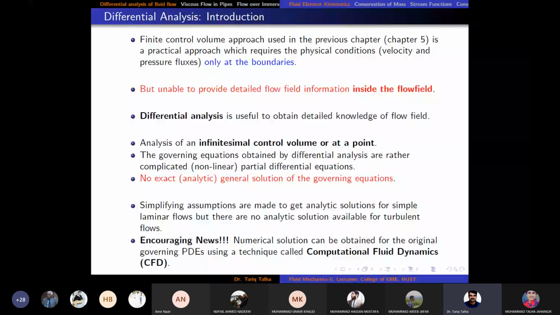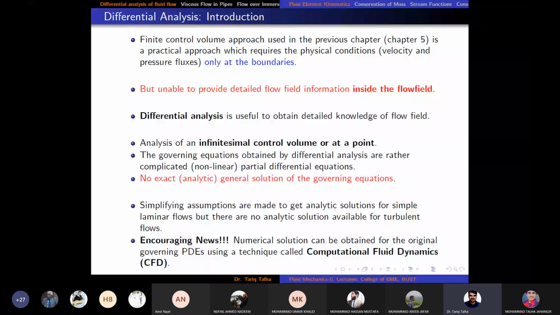But for the general solution, we need to do computational fluid dynamics, which is CFD. If you are interested in that, it can be offered during your final year. Nevertheless, you would be doing one group project using ANSYS software. It would give you very good working knowledge of how to use that software to do the analysis. Okay, so hopefully we would learn quite a lot during that.